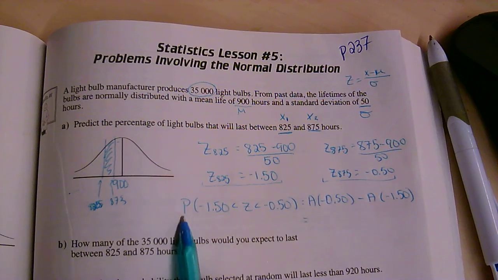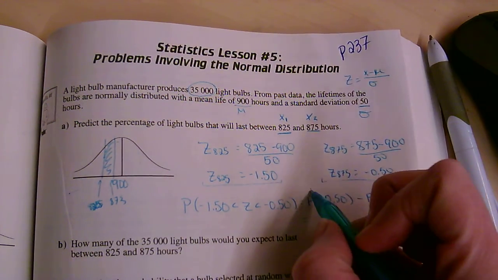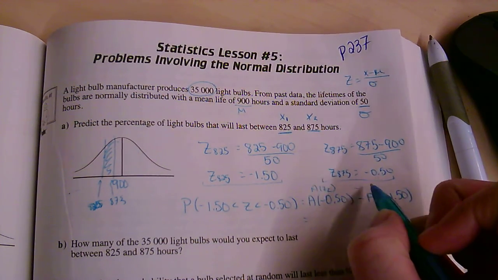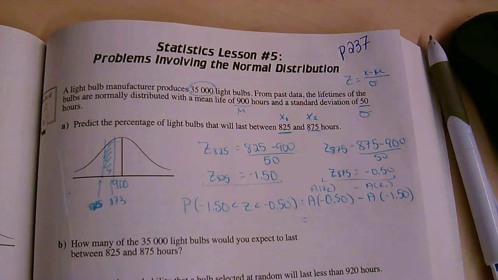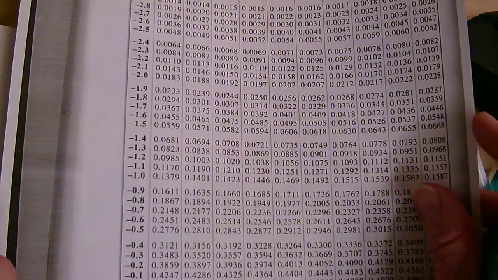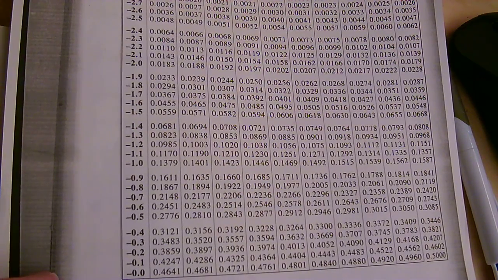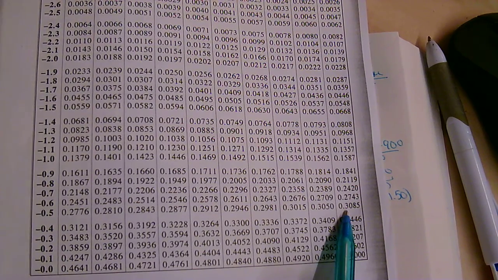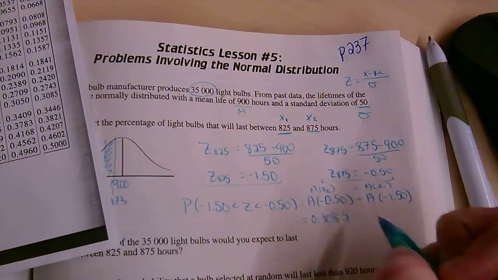Okay, so now that I've got this set up, now remember, this right here is a z2 minus a z1. So now I'm going to go to my table here, and I go down to 0.5. Okay, and so the negative 0.5, and then I go over here, is 0.3085.